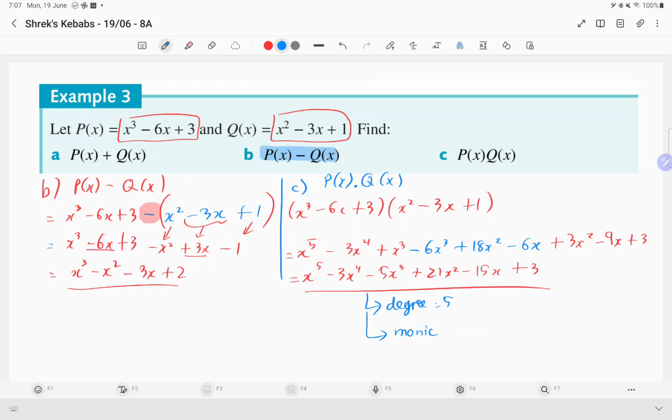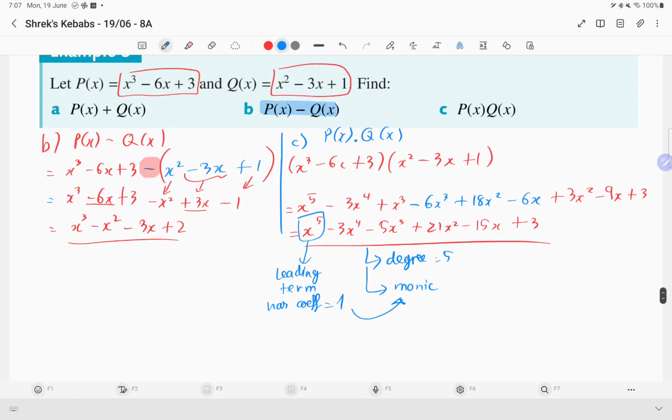The highest power has coefficient 1, right? This is called the leading term. The leading term has coefficient 1, and that's why it's a monic polynomial of degree 5.